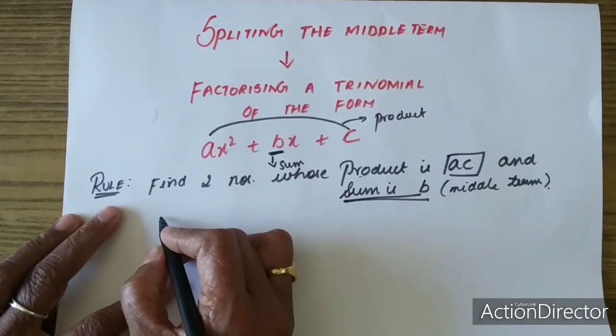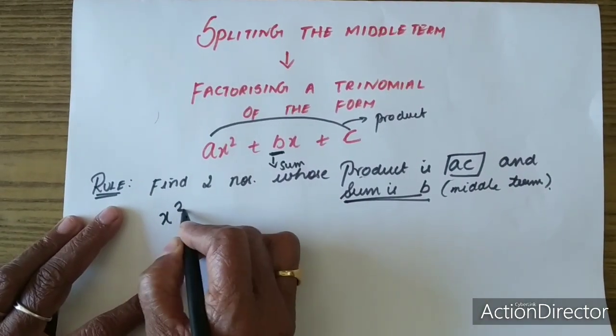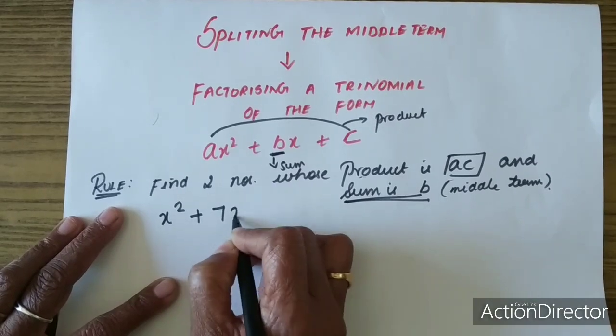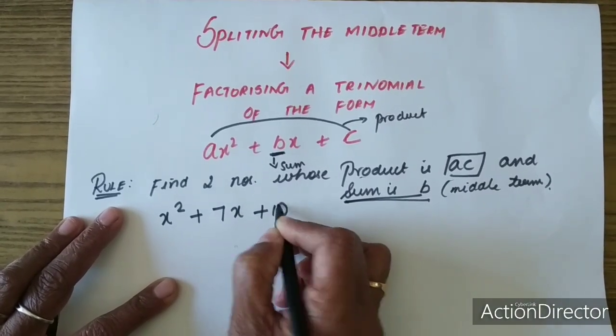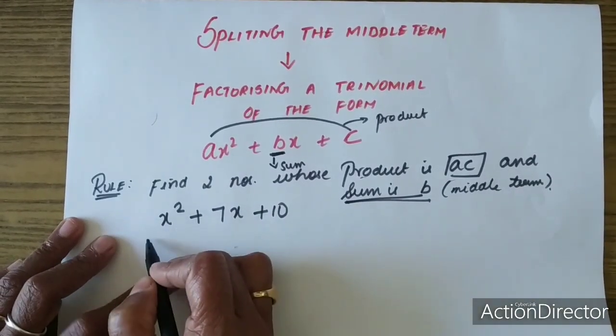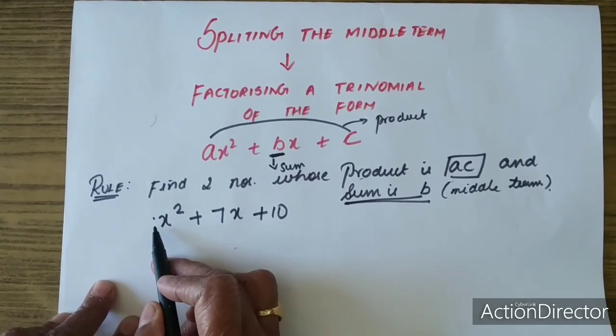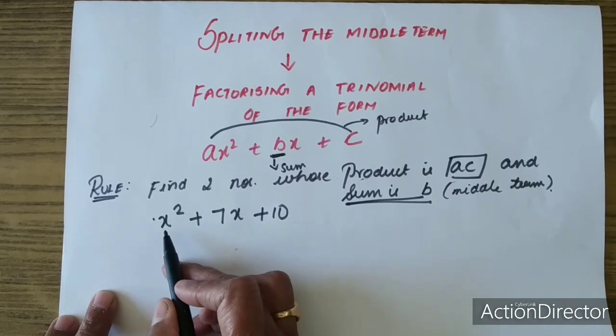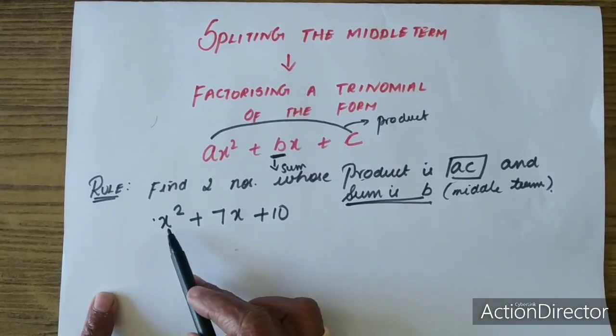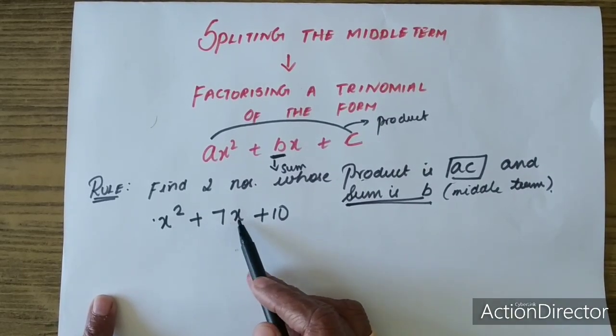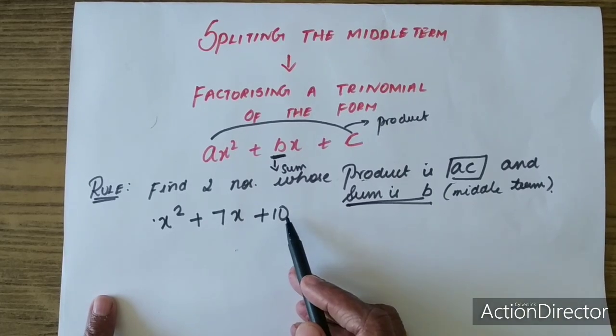Suppose we are having a trinomial x square plus 7x plus 10. Here a is equal to 1. If no coefficient is given, we will be taking it as 1. So this trinomial is of the form ax square plus bx plus c.